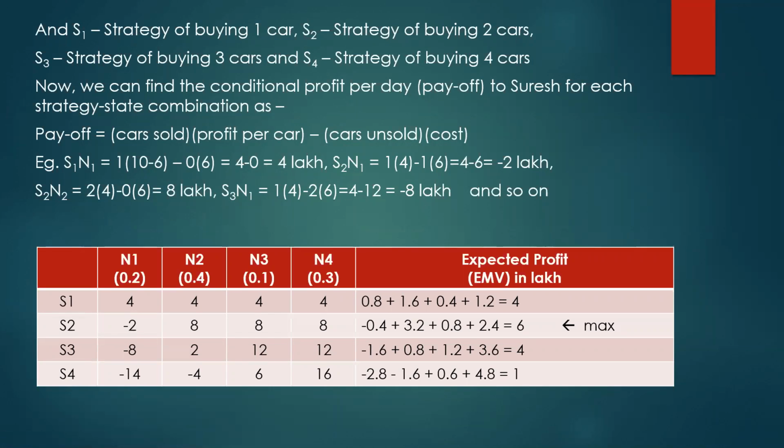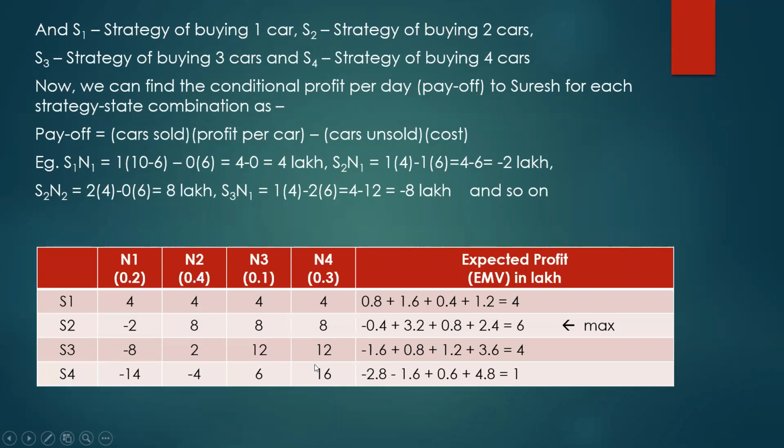Now, what about the expected monetary value with perfect information? To do that, if you take the first nature N1, the maximum value is 4. So 0.2 multiplied by 4 plus here the maximum is 8. So 0.4 multiplied by 8 plus 0.1 multiplied by 12 because 12 is the maximum.